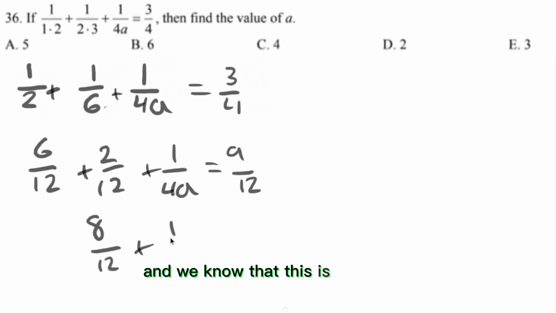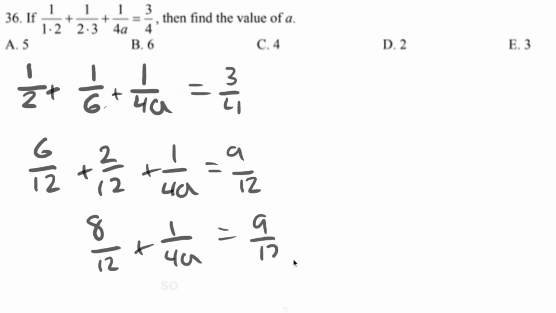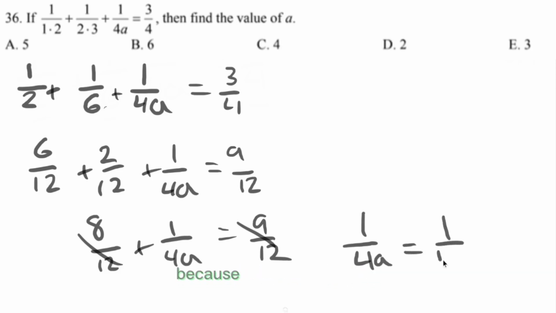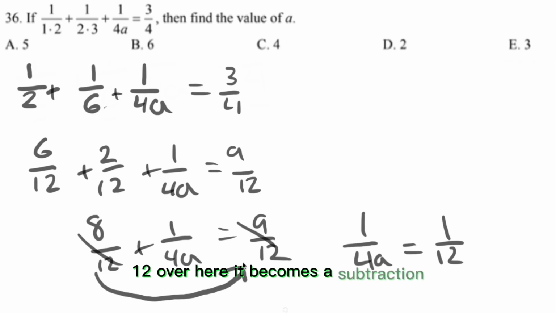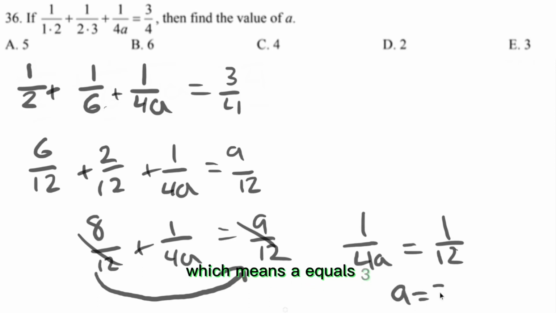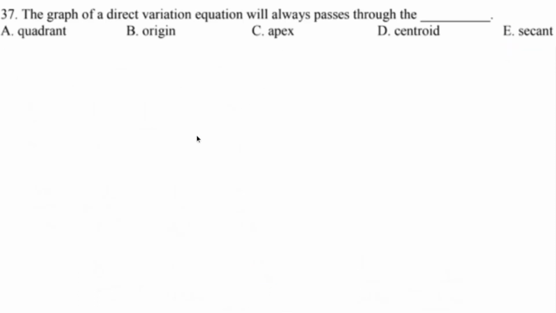And we know that this is just 1 over 4a. And that equals 9/12. So this and this make it so that 1 over 4a is equal to 1/12, because if you bring this 8/12 over here, it becomes a subtraction. And then it just becomes 1/12. So now 1 over 4a equals 1/12, which means a equals 3. And that's your answer.